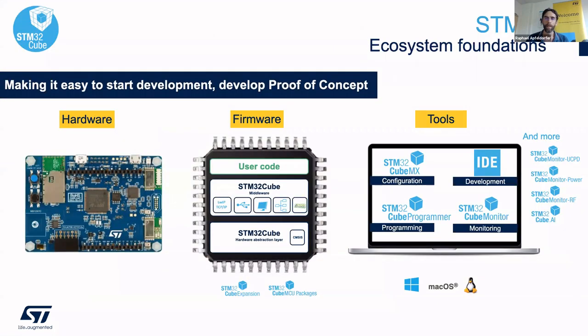Basically, you fall into the STM32 ecosystem, which is founded on simple hardware, a set of hardware development boards for fast prototyping, and a lot of code examples that come with it.